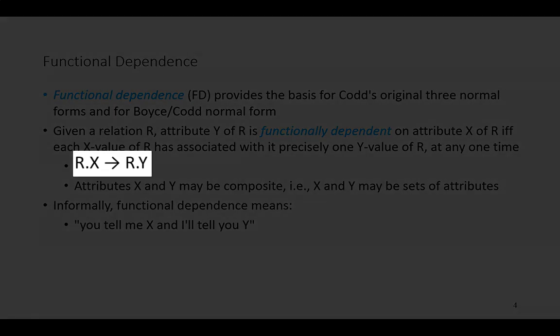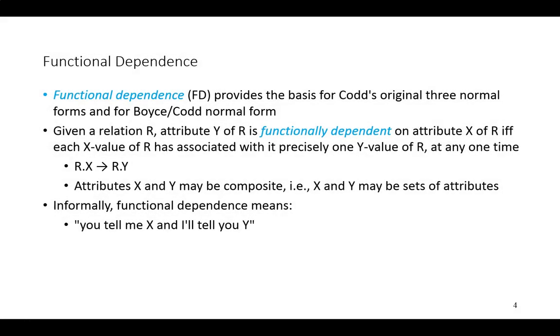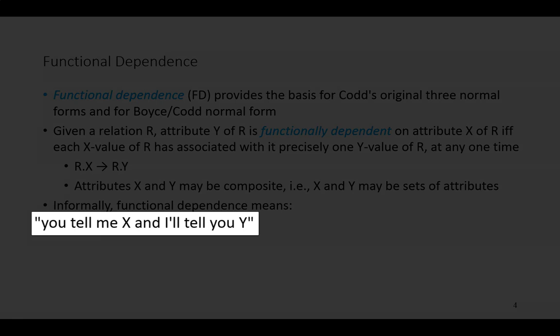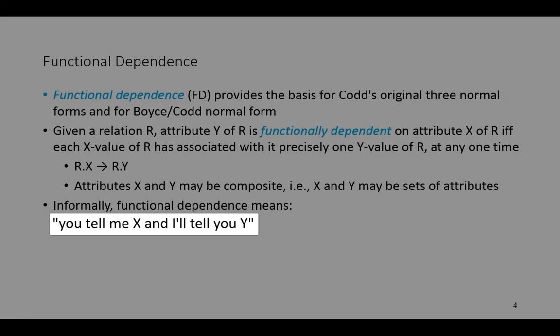Our notation here says relation R dot x, that is attribute x of R, functionally determines attribute y of relation R. And again, this can be expressed concisely and informally as, if you tell me the value of x, I can tell you the value of y.